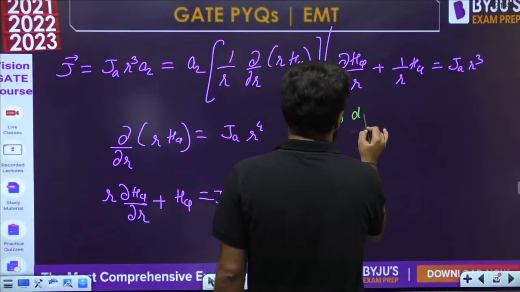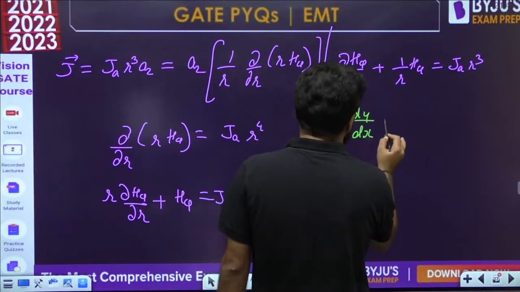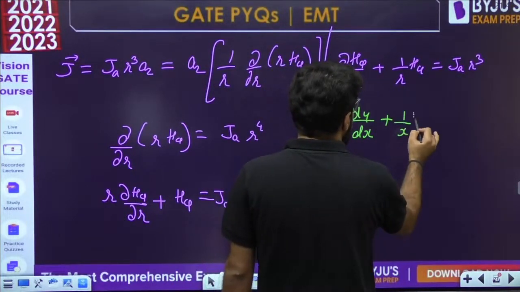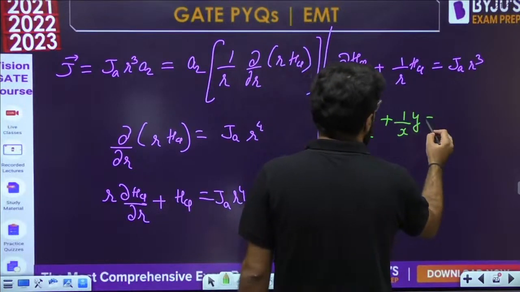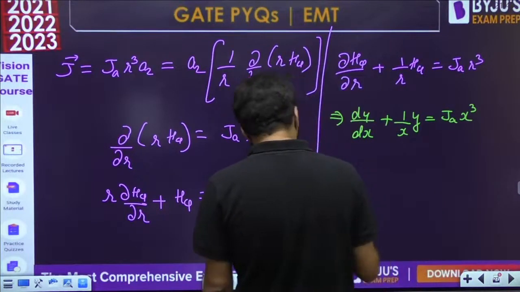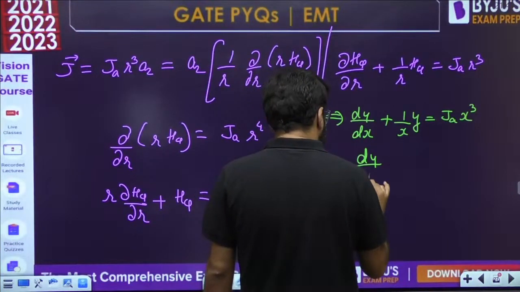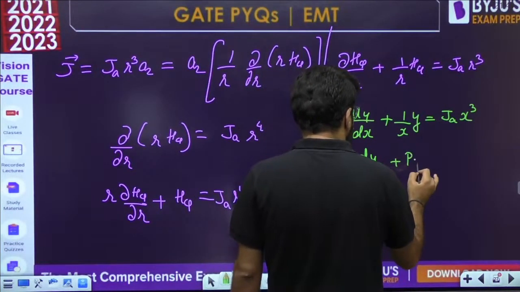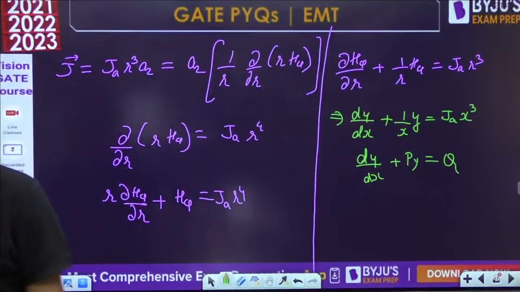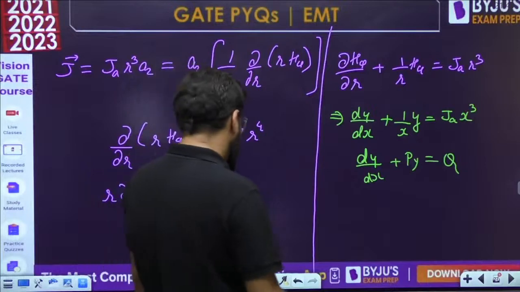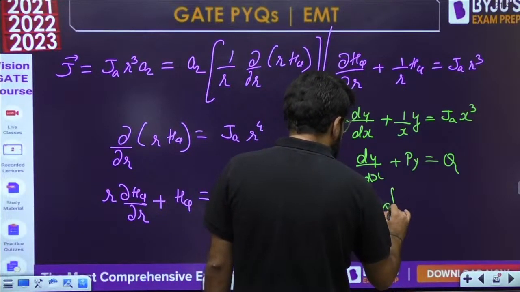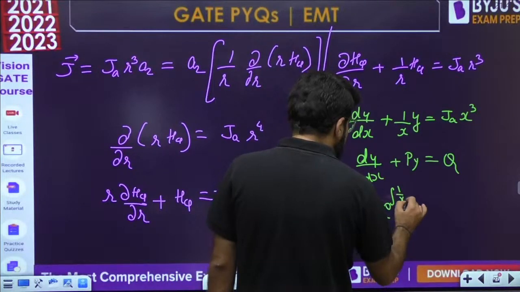This is of the form dy by dx, taking r as x, plus 1 by x into y, where H phi means y, is equal to some constant J a into x cube. This is a first order linear equation, dy by dx plus p y equal to q. So what is the integrating factor? e raised to the power integral p dx.